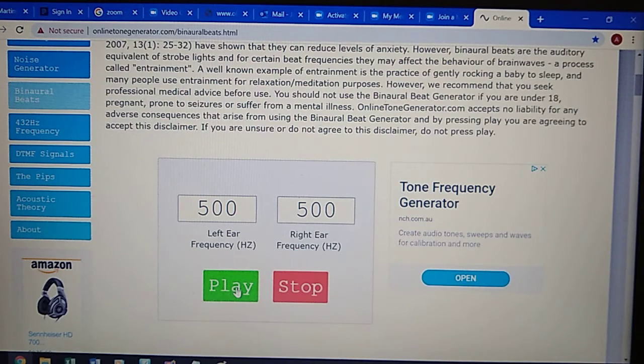So listen for the sound right here. If I now have a beat frequency of 1, you might hear the sound rise and fall once per second. A beat frequency of 2 would mean the sound would rise twice a second.